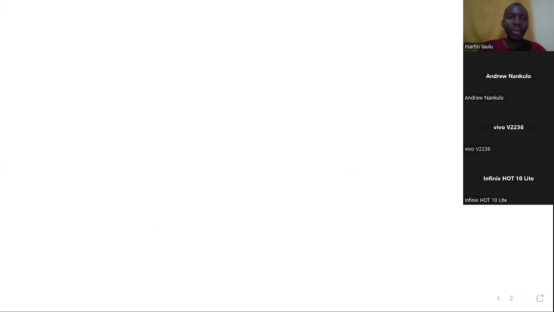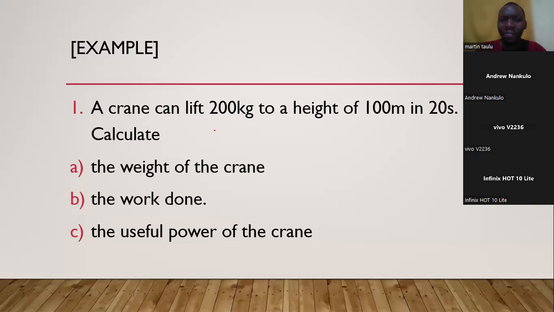Now when you look at our question here, what is our mass and what is our gravity? What's the mass and what's the gravity here?